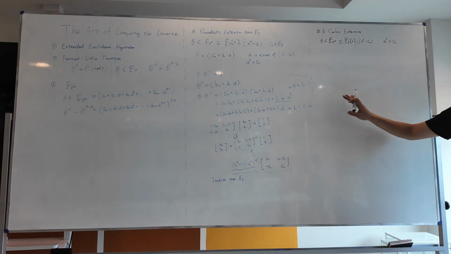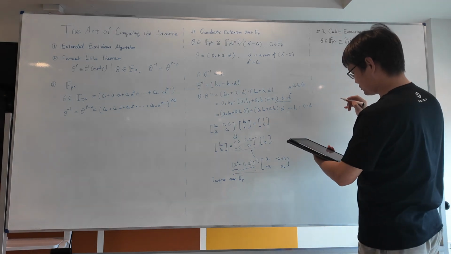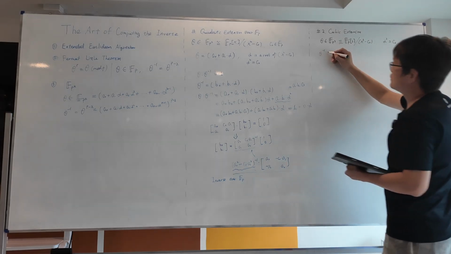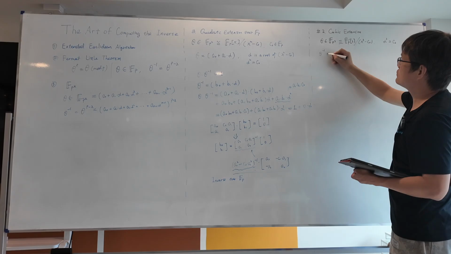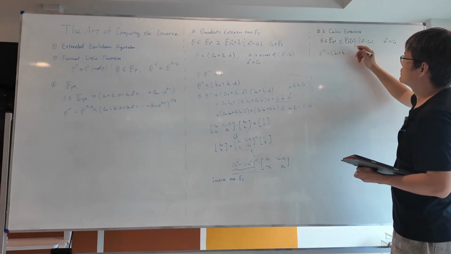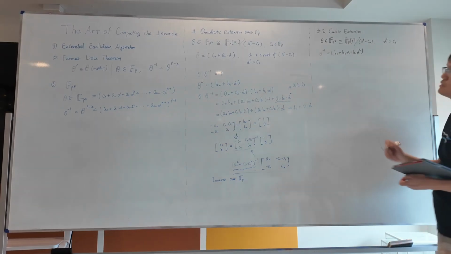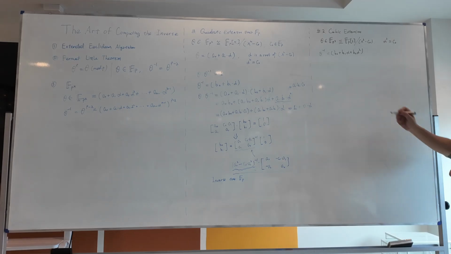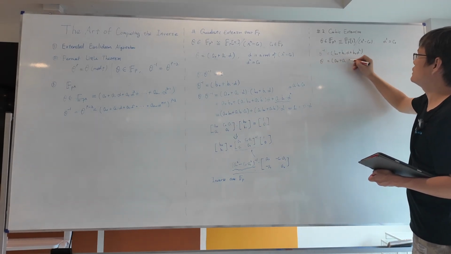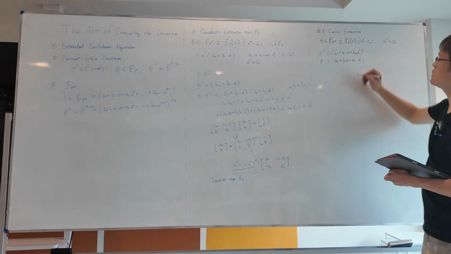Just a similar idea. Just write down the matrix. The idea in the matrix is that the inverse of theta equals b0 plus b1 alpha plus b2 alpha square, and theta equals a0 plus a1 times alpha plus a2 times alpha square.